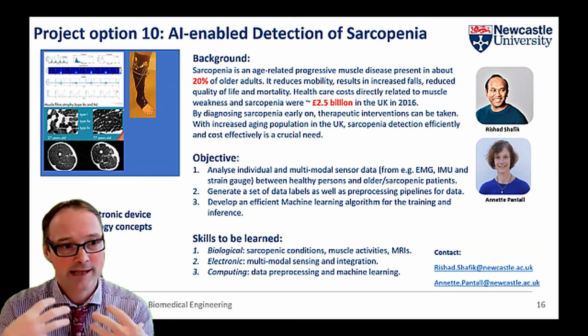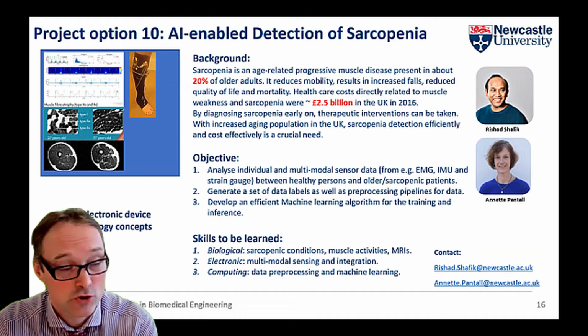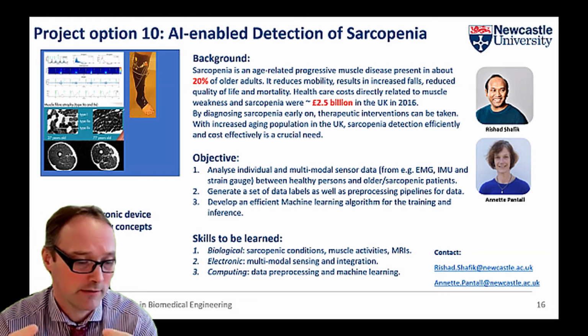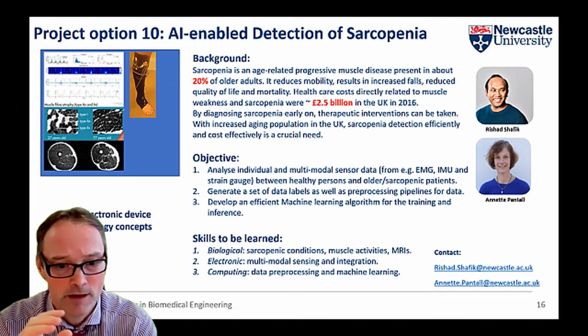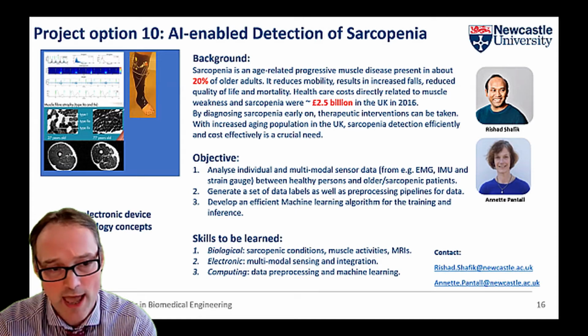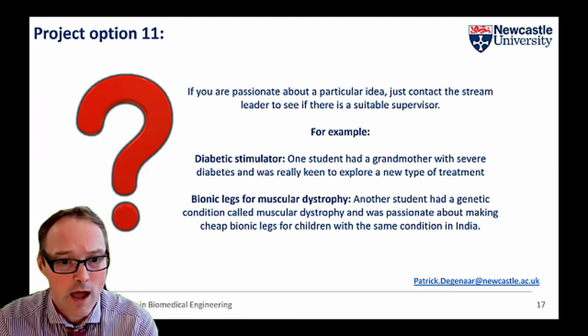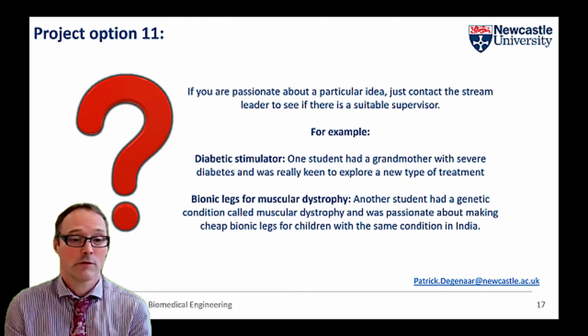If we can pass this over to an AI system, that would free up a lot of doctors' time to spend more time with the patient. So this is using AI processing techniques.